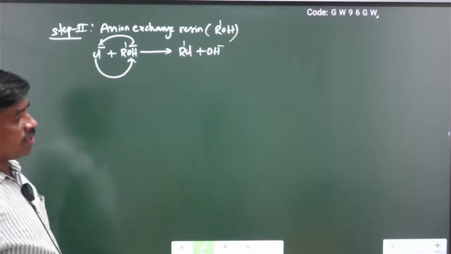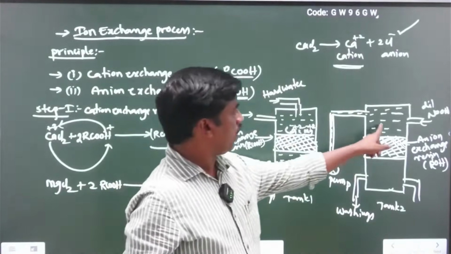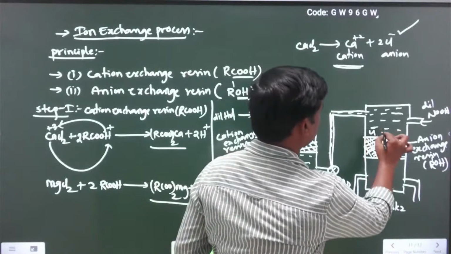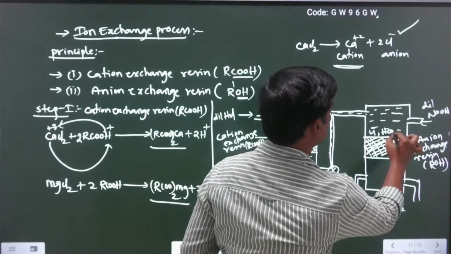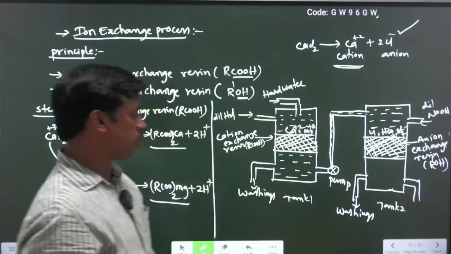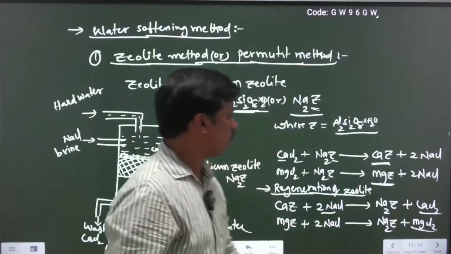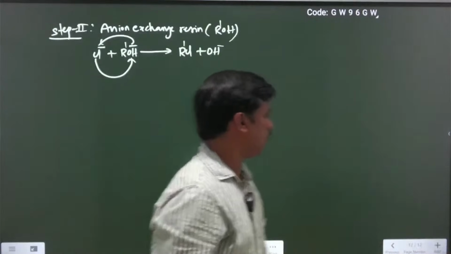All these reactions take place in this step. All the anions can stop here: Cl minus, HCO3 minus, SO4 2 minus, etc. These ions are stopped on the surface bed of the anionic exchanging resin.